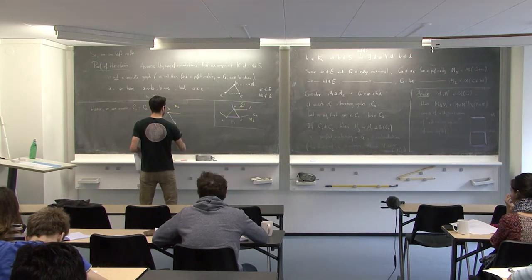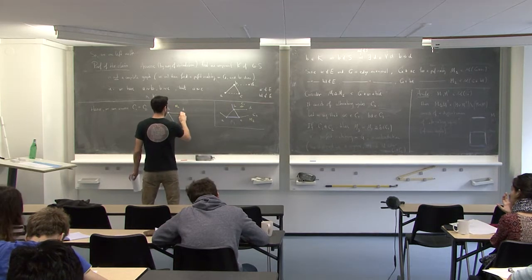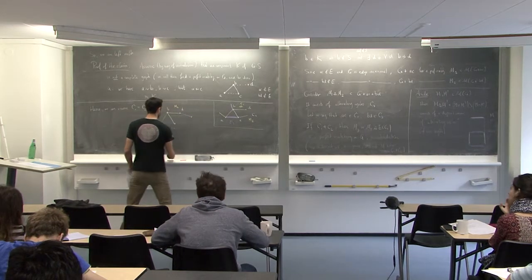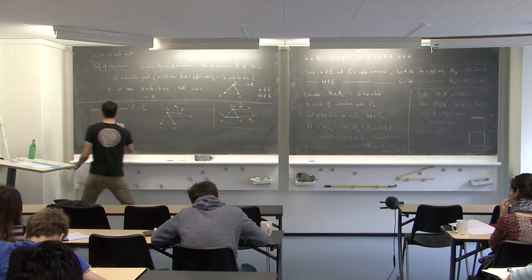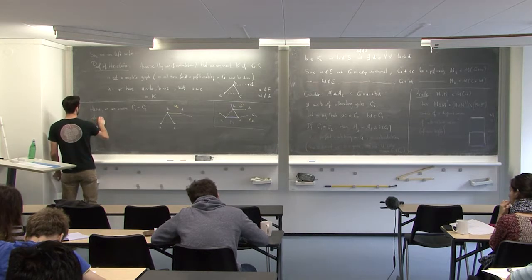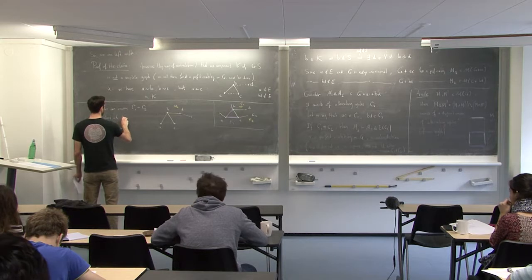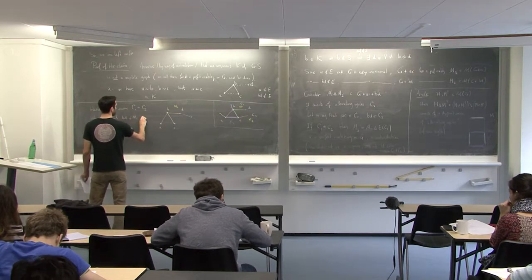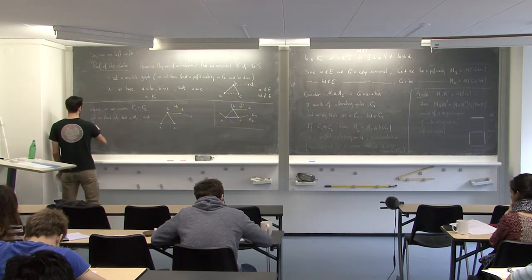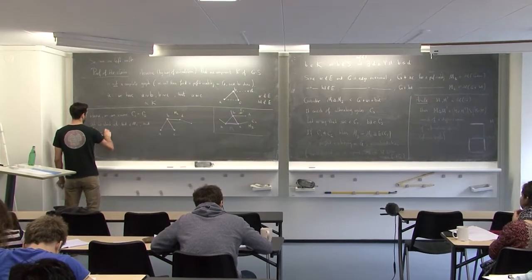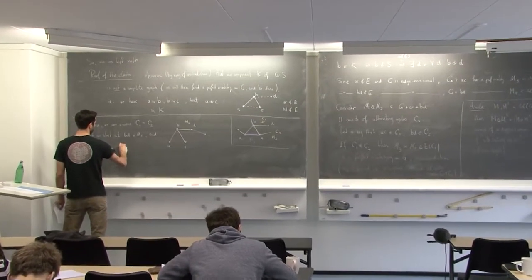Then we'll have an alternating path like this, so let us start at BD, which is in M2, and follow the alternating path.